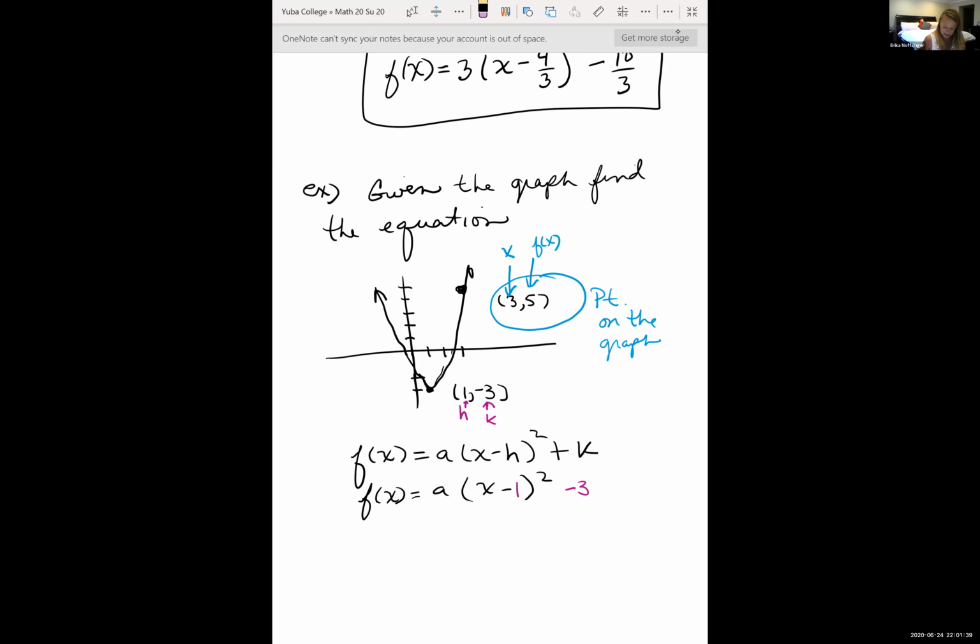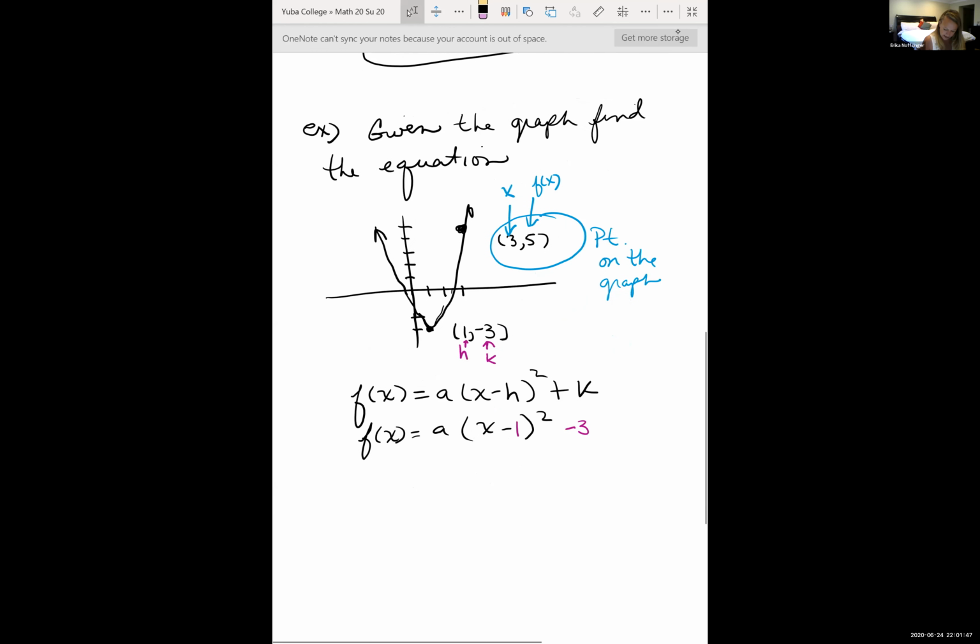So if we rewrite this and plug in our x and our y value, we'll have an equation with just a in it, and we can figure out what a is. So f of x was 5 is equal to a times x, but x is 3, minus 1, quantity squared minus 3.